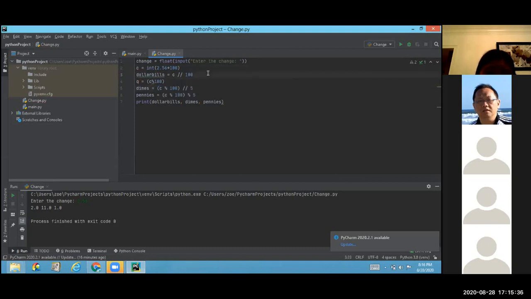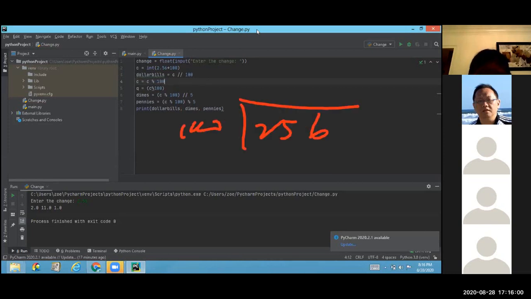So a better way is over here. You need to adjust your cents to equal your original cents, take the remainder by 100. What does this mean? You take the change divided by 100, but the percent is the remainder. Basically you have 256. You divide it by 100. That's 2, right?